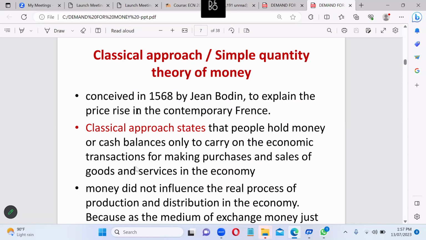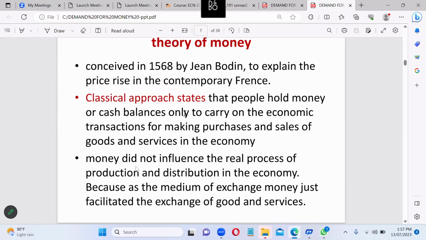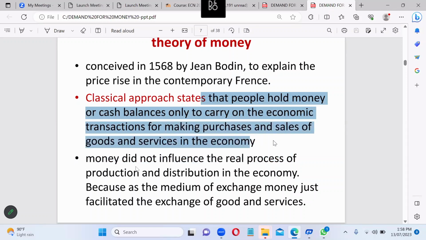It says that people hold money or cash balance only to carry on economic transactions of goods, that is, only for the transaction, for marketing purchases and sales. For this concept only we are holding money. This theory is called the classical approach.